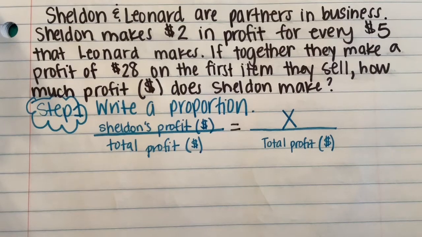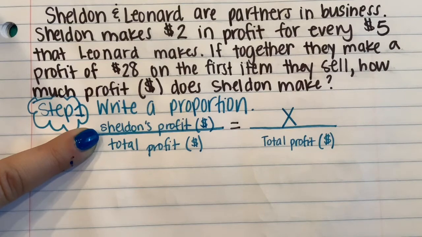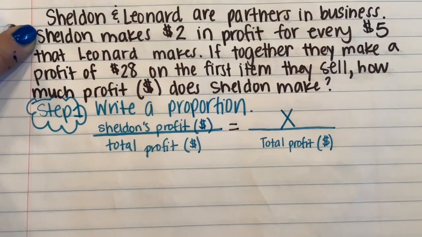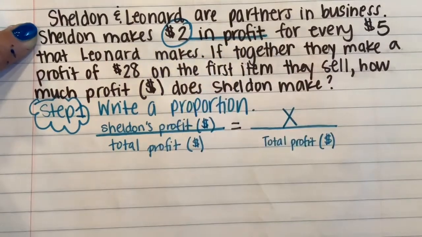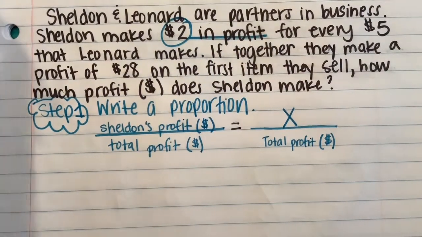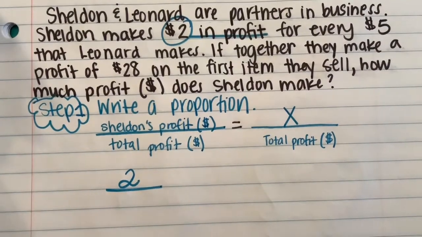So let's look. What can I put for Sheldon's profit? Going back to reread our problem. Sheldon and Leonard are business partners. Sheldon makes $2 in profit. Okay, there we go. So I'm going to put a 2 on the top for my proportion.